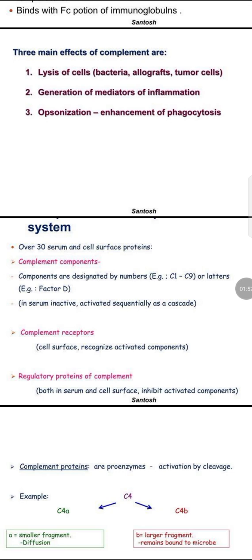As a result, there's going to be leakage of the intracellular substances of the bacteria. Then the bacteria would die, the pathogen is going to die. That's how the complement system gets rid of the pathogens.